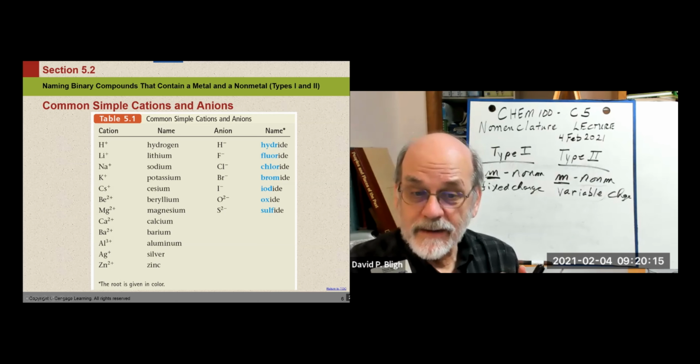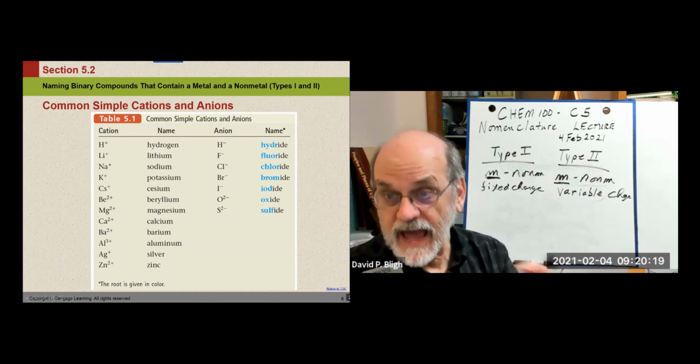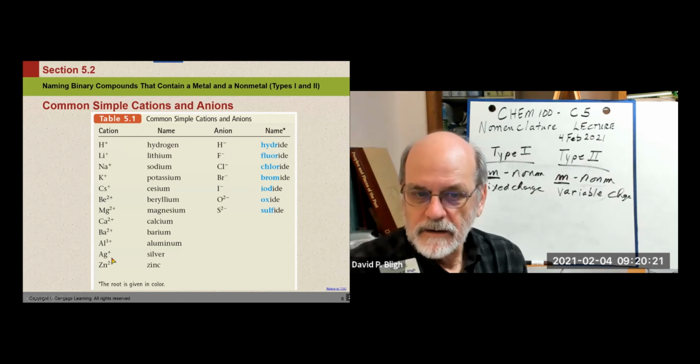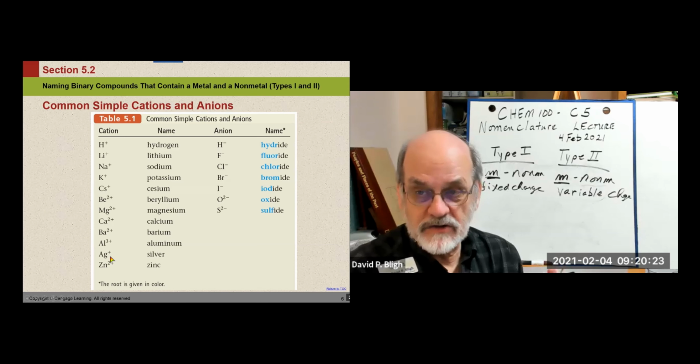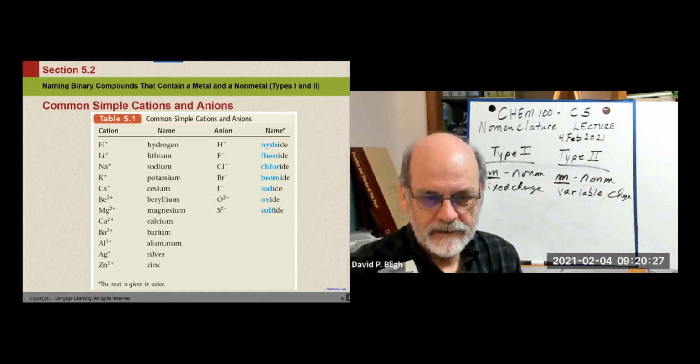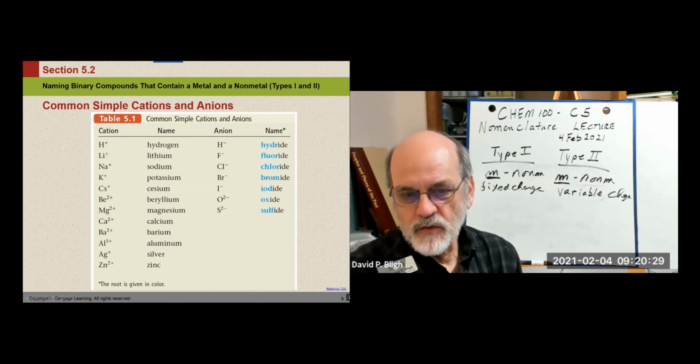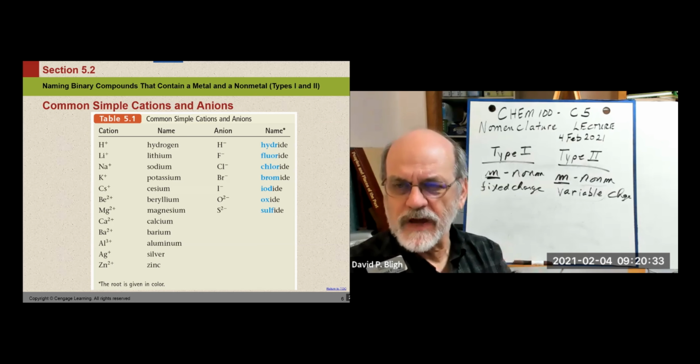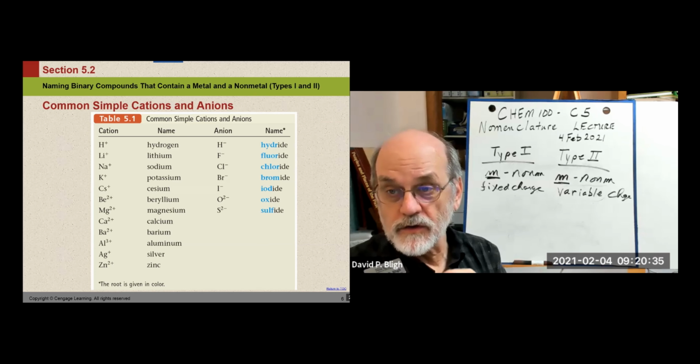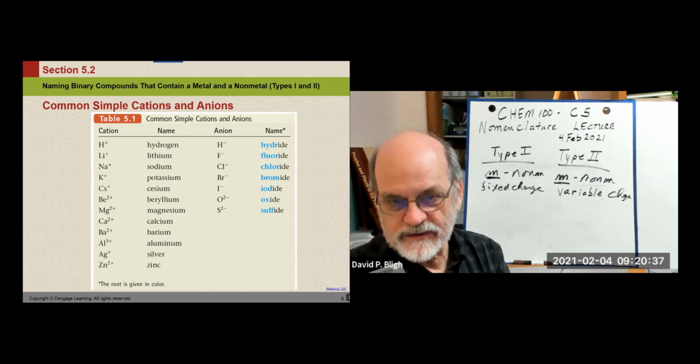So you could name compounds of silver and zinc, well, actually cadmium also, with the type 1 convention, and you would be correct. But if you want to, for simplicity's sake, say they come from transition metals, so we're going to use the type 2 convention, I will accept that.